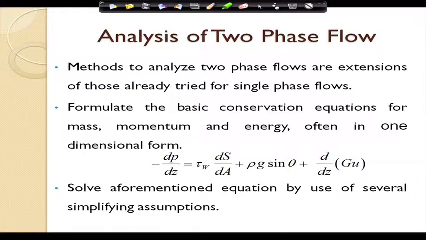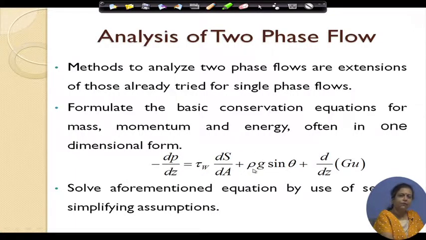And then based on some simplifying assumptions, we try to solve the equation which has been developed for two-phase flow. For two-phase flow, what should we have? Instead of this particular rho, we should be having a two-phase density, which should be a function of the densities of the individual phases and the composition of the two-phase mixture.